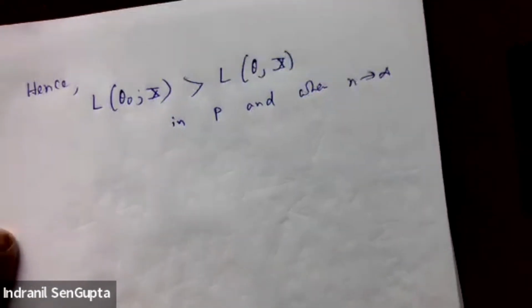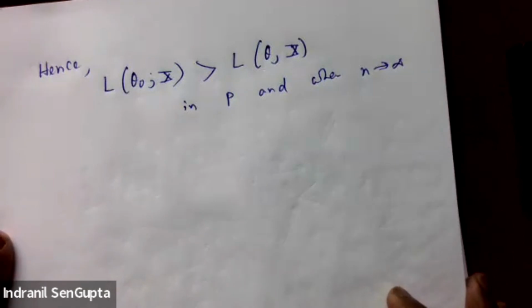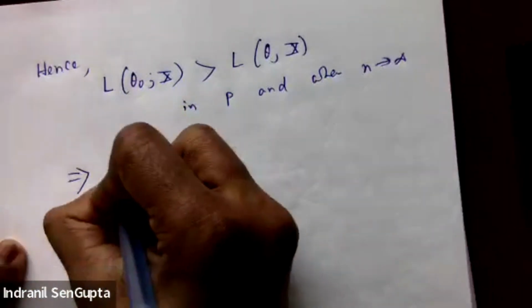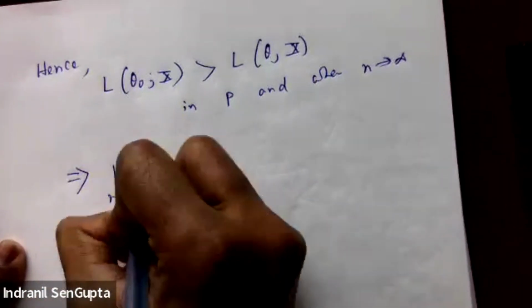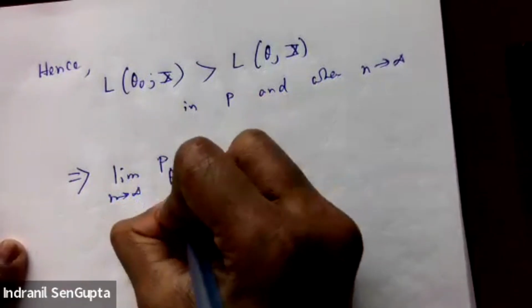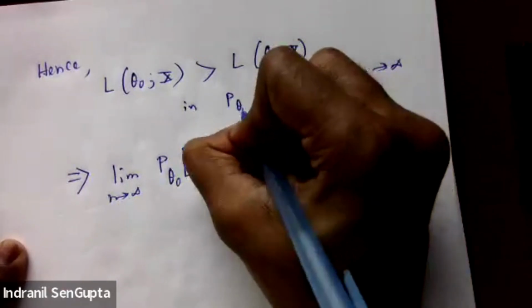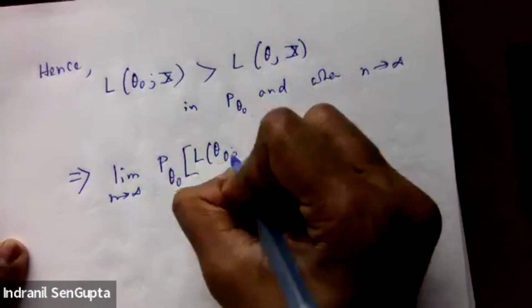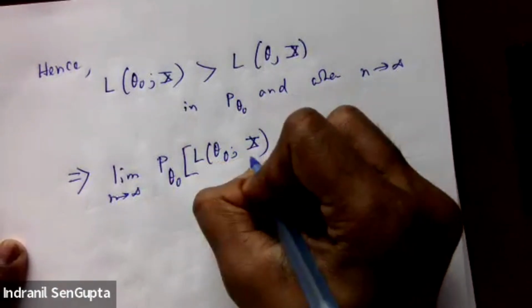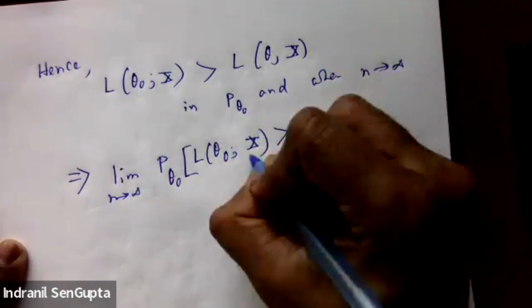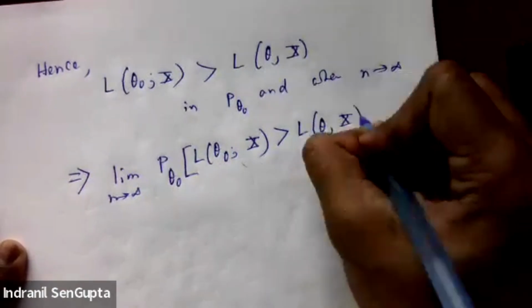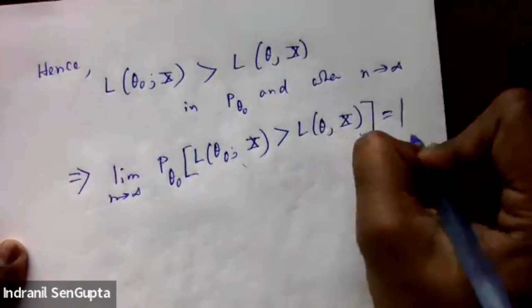That's the meaning, right? Another way of writing this is the following: the limit as n goes to infinity of the probability under theta 0 that L of theta 0 x, where x is a vector, is bigger than L of theta x is 1.